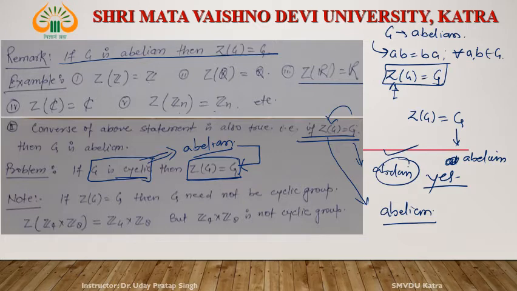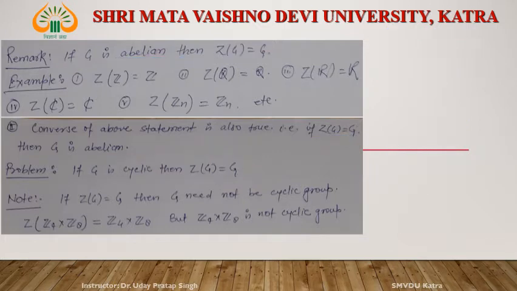If Z(G) equals G, then G is abelian, and the converse is also true.